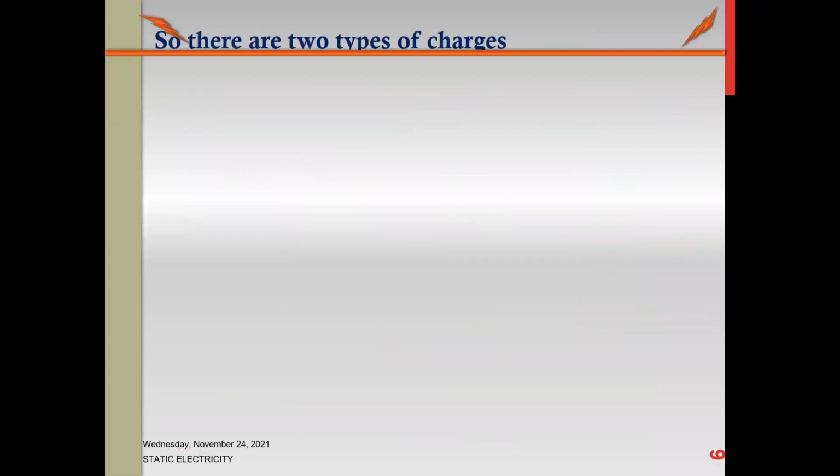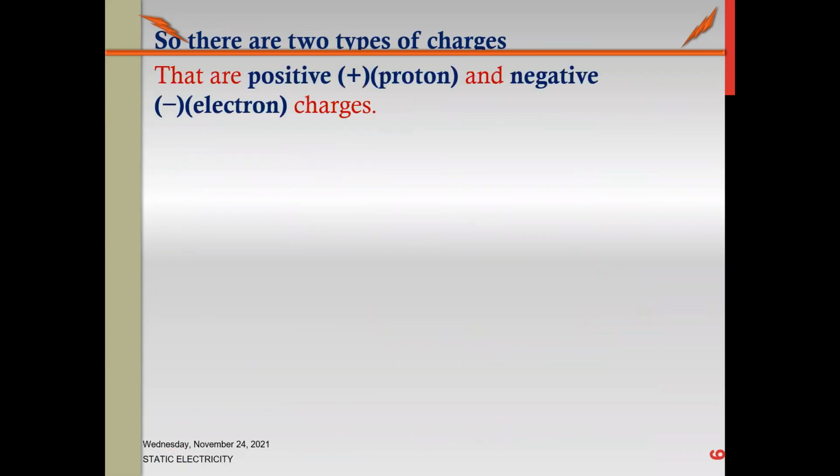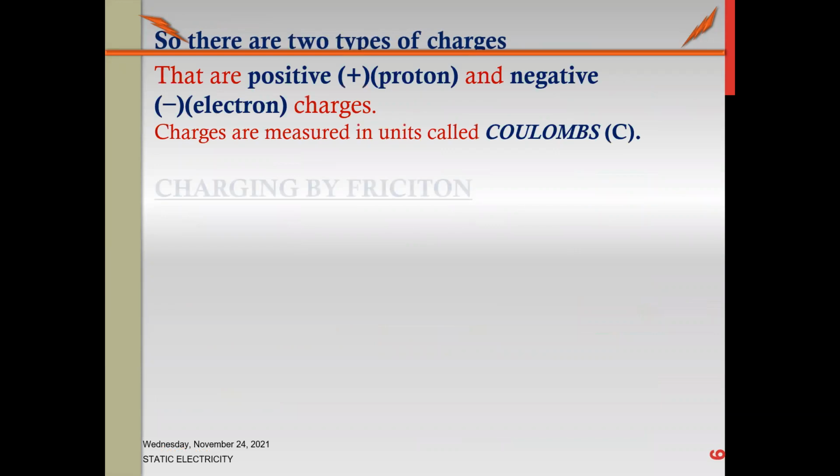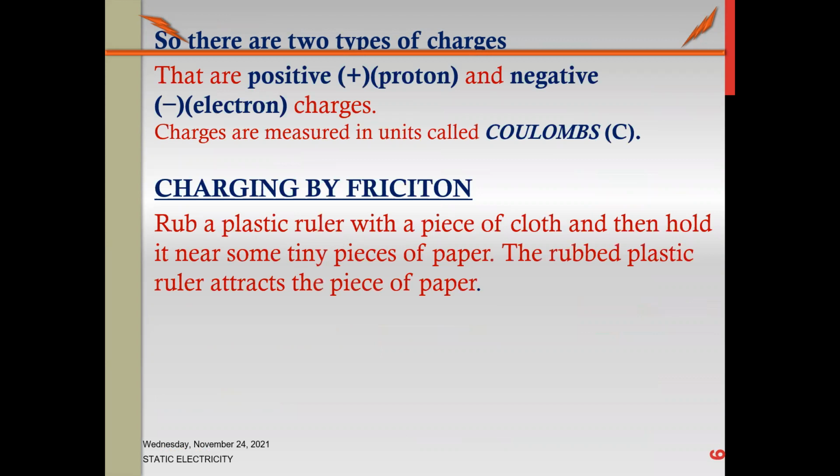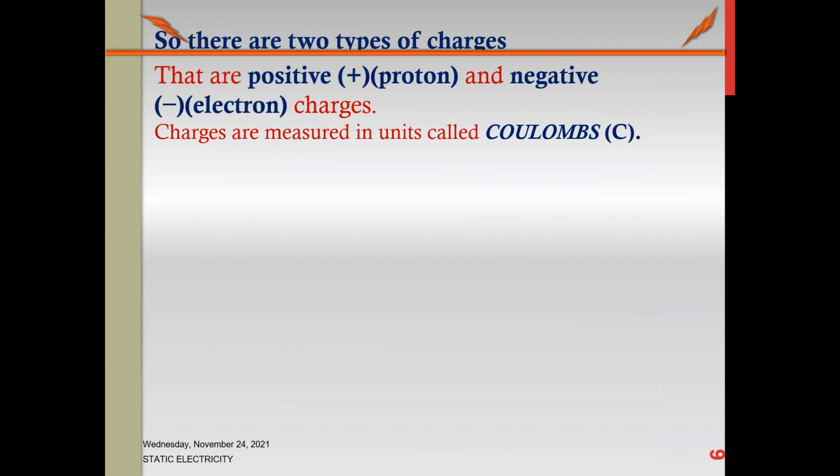There are two types of charges: positive charges and negative charges in the atom. The unit of charge, when we measure it, is the coulomb. Now two things can happen. Number one, say an atom has 3 protons, 4 neutrons, and 3 electrons.